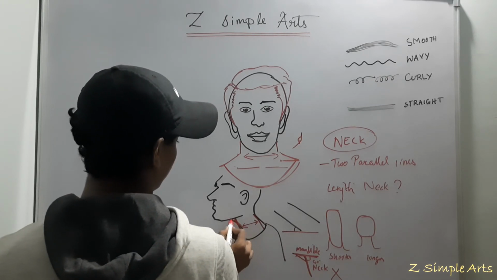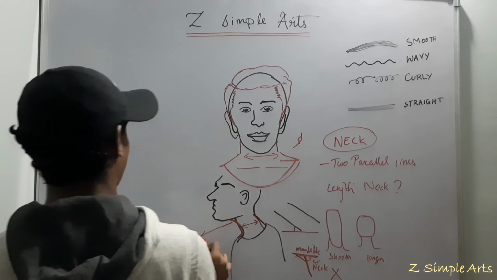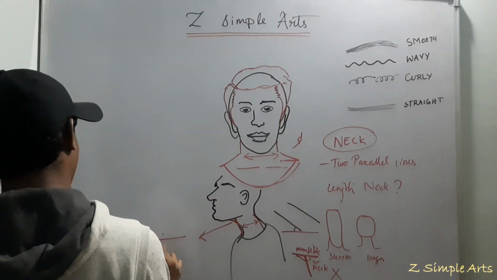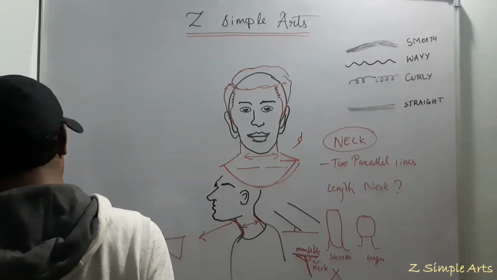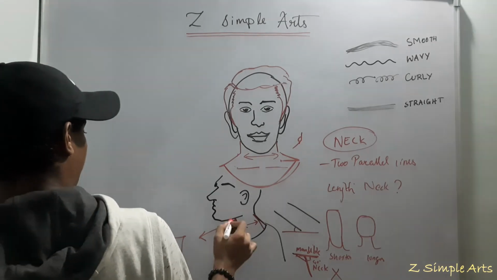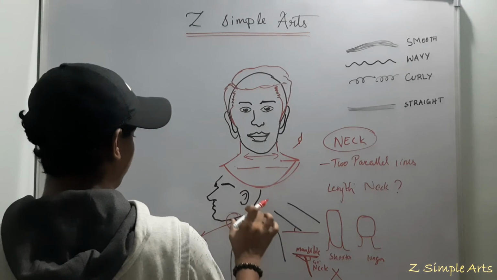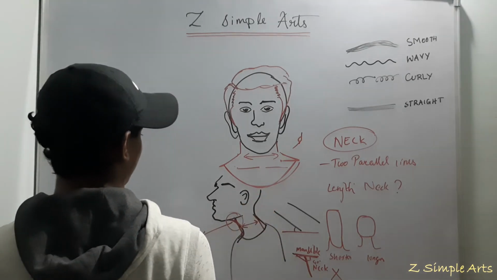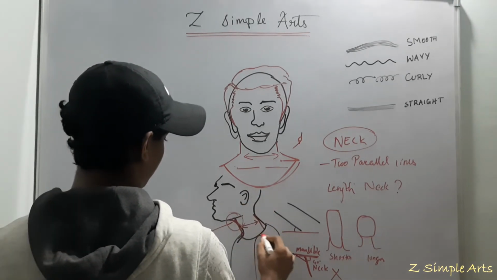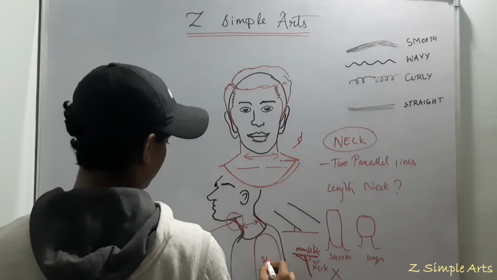So there is a small tiny bit of triangle which is connected here. So make sure you get this triangle also properly and two parallel lines which are a bit slanted but in line with the shoulder.